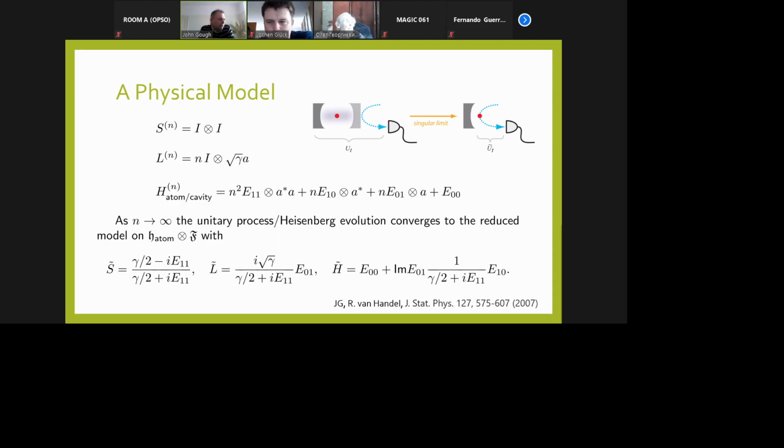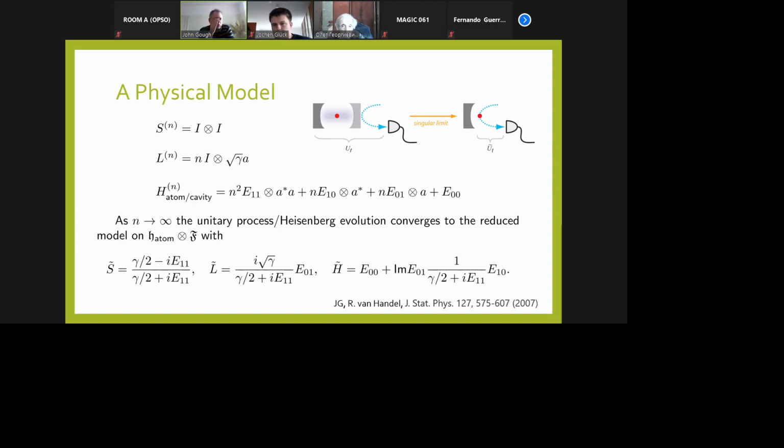With the coupling of the atom to the cavity, we have the following type of Hamiltonian, which is effectively up to quadratic in A and A dagger. There's a number term A dagger A, which has an n squared contribution. There's also an A and an A dagger term separately. The E's here generally are taken to be operators on your atom, okay? So they're not scalars, they're operators.